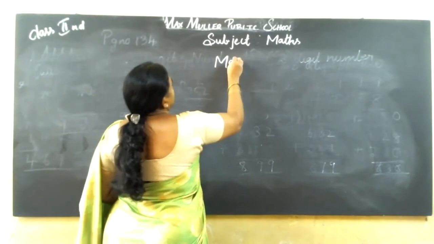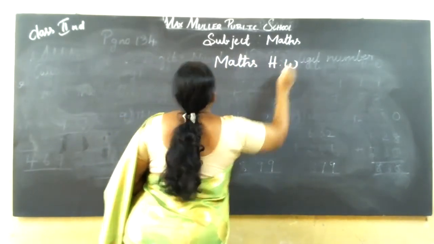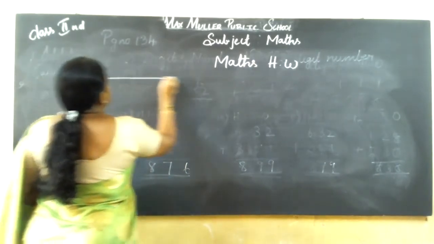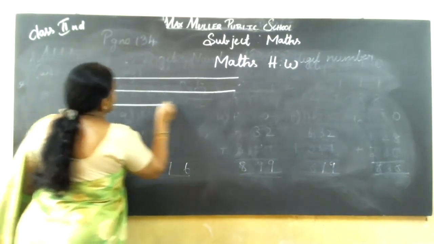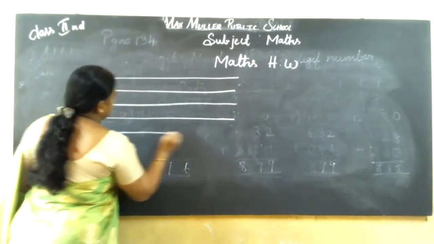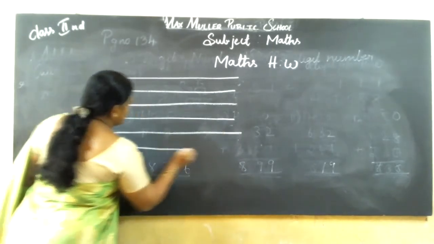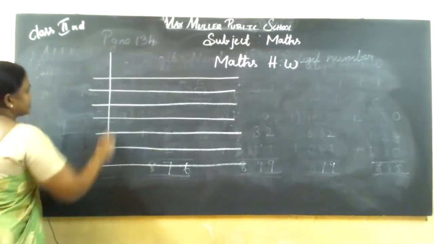Max homework. See, horizontal line notebook is there, no, children? That note you want to write, take. This is the red line, no, children?